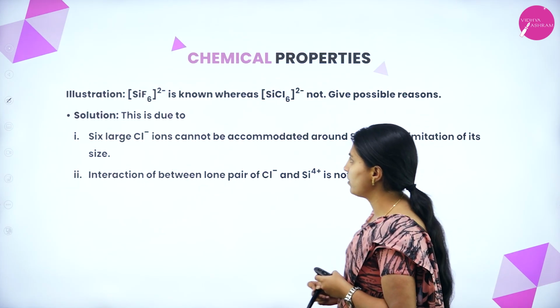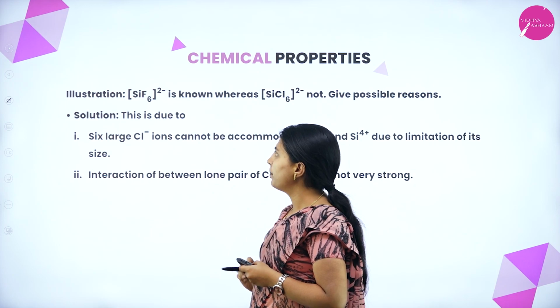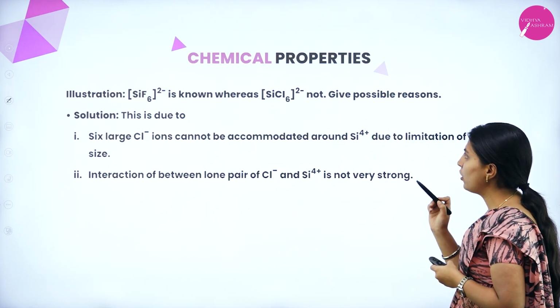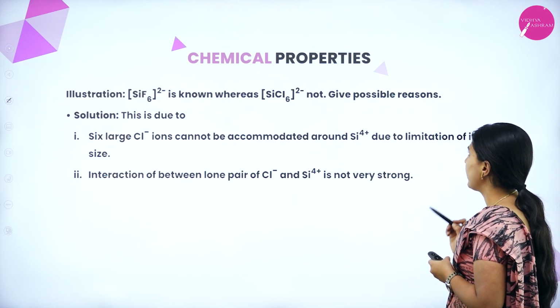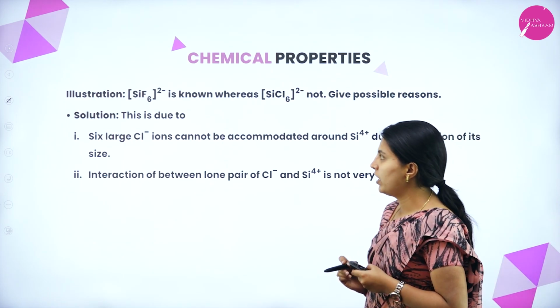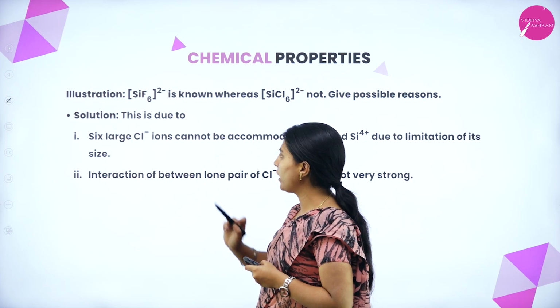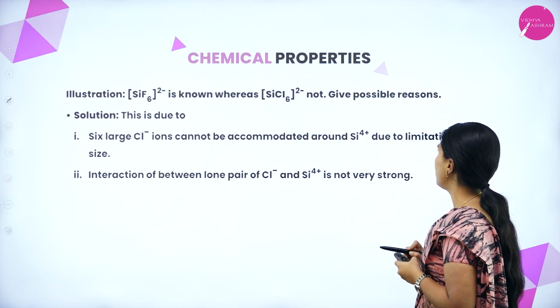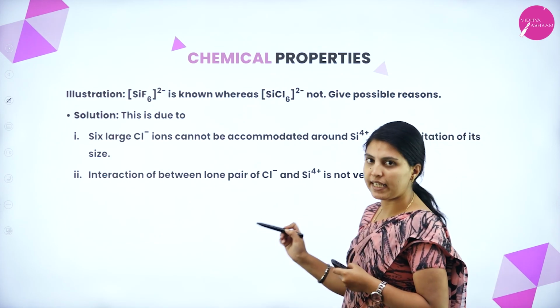There is one illustration. Silicon hexafluoride is known whereas silicon hexachloride is not. Give possible reasons. This is because 6 large chloride ions cannot be accommodated around silicon 4 plus due to the limitation of its size.